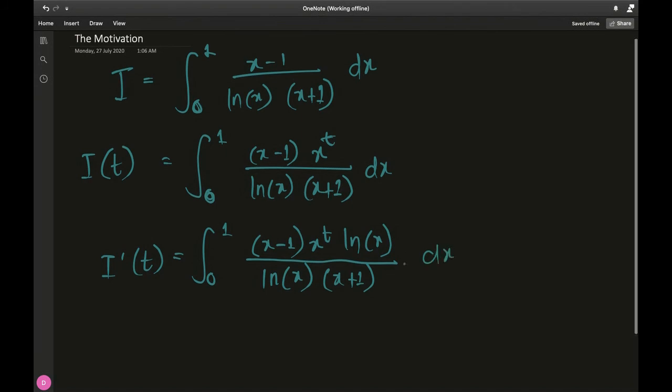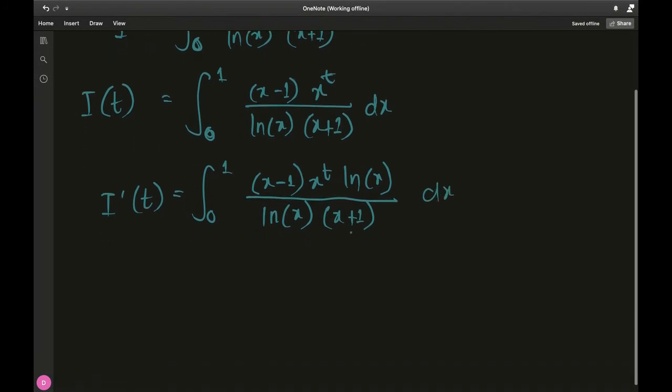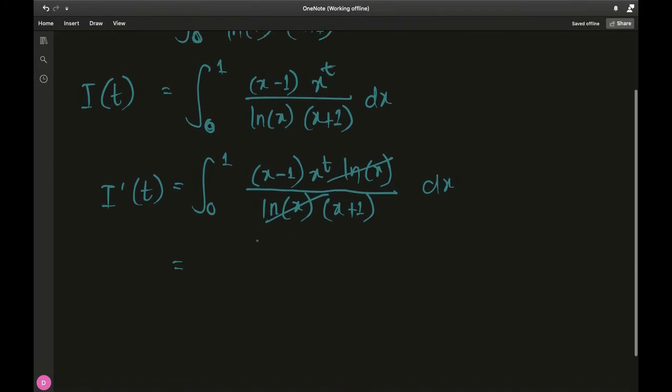And the entire idea behind using this exponential as a parameterization was to cancel the natural log, and we actually did that. So we now have integral from 0 to 1 of x minus 1 times x to the t divided by x plus 1 dx.